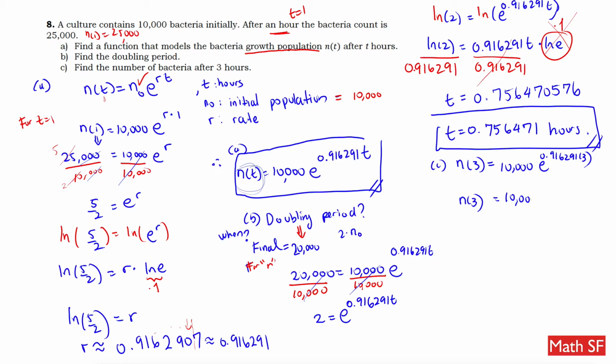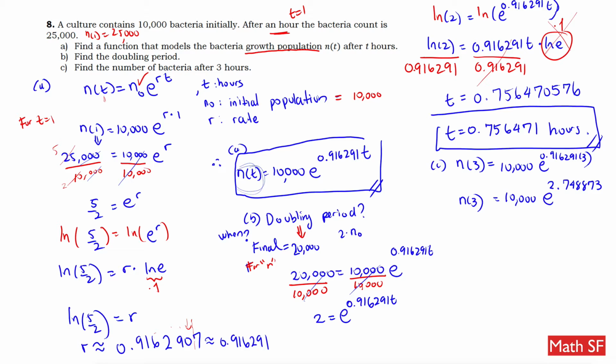10,000, and you can actually put everything in your calculator, but I'm just going to do it one by one, depending on whether you have an efficient calculator or not. All calculators are efficient. It's just that some of them have the store feature that you can use. So 0.916291 times 3 gives me about 2.748873.